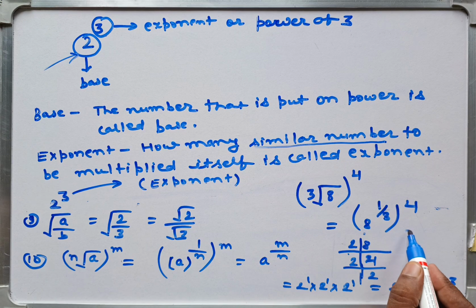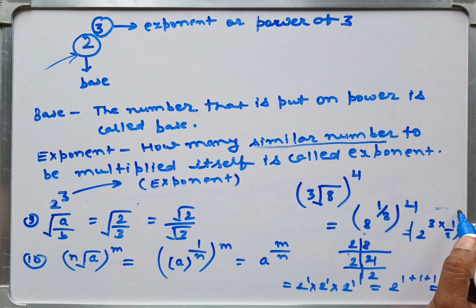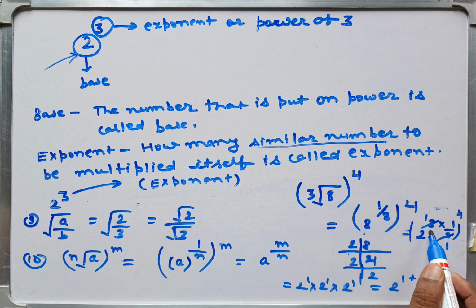Next, if we put 2 to the power of 3, then 1 by 3, whole to the power of 4, this 3 will cancel with 3, so we can cut it. Finally this is 2 to the power of 4, so the solution is 16.